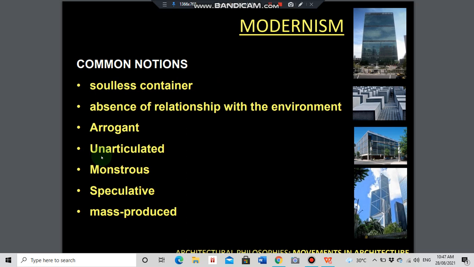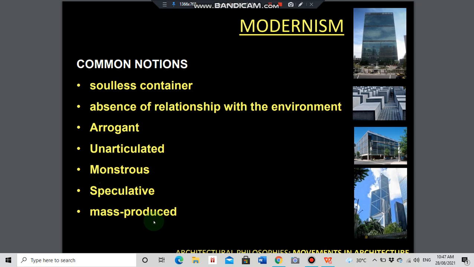So, kasi nakikita nila yung mga skyscrapers na talagang very huge or malalaki talaga sila. Then, speculative. Speculative means expressing theoretical rather than demonstrable, based on thoughts, not evidence. Example of this one is a theory based on emotions. No? A theory based on emotions, that is speculative. Then mass-produced, from the word mass-produced.